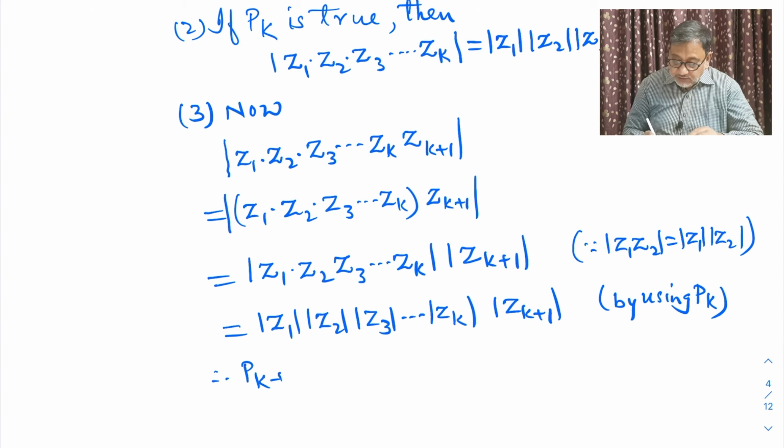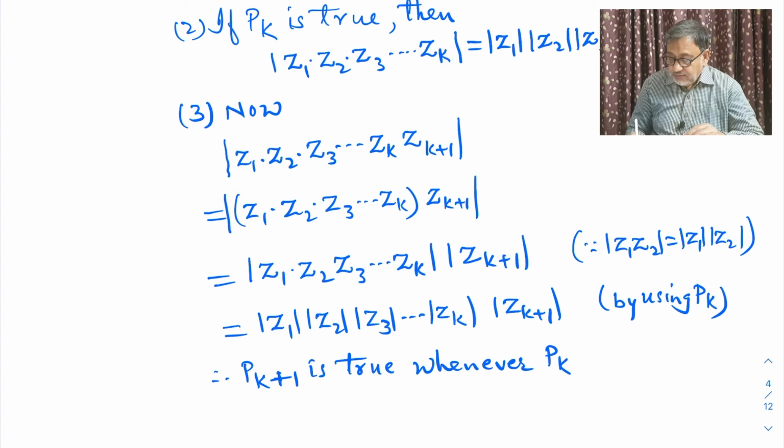So therefore P of k plus 1 is true whenever P of k is true.